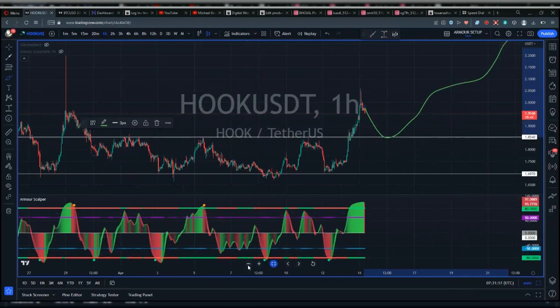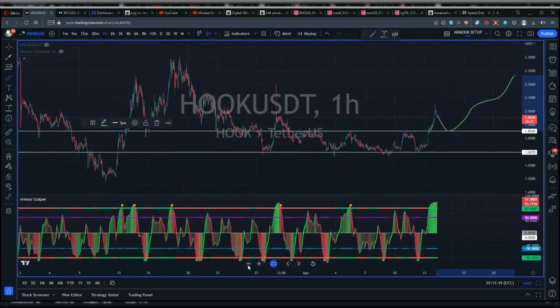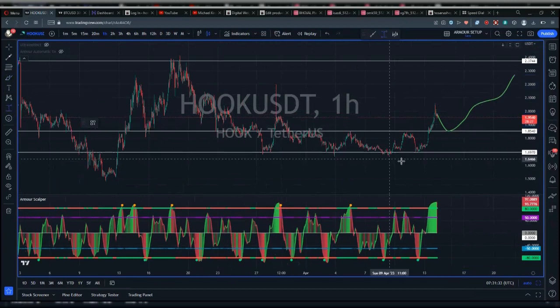Okay. I'm just saying it has potential. It has potential to go near 2.37. And how much percent move is that if it hits here?